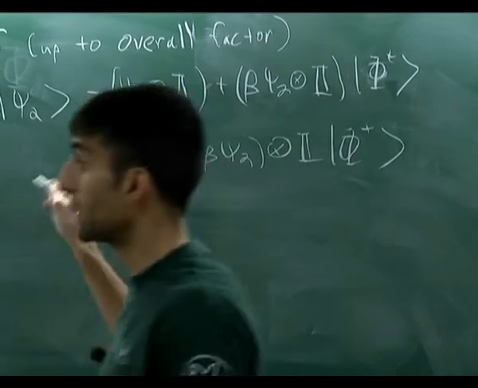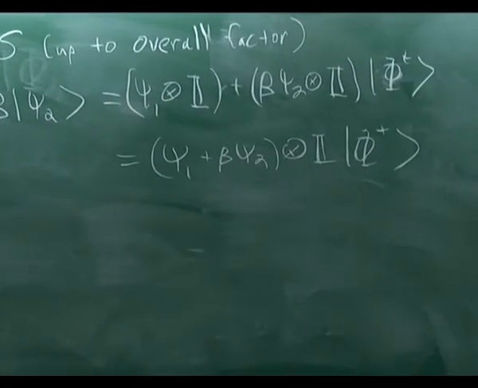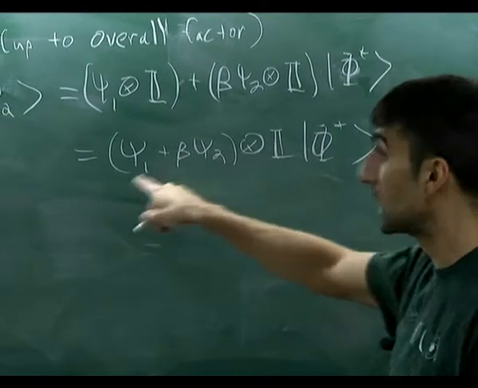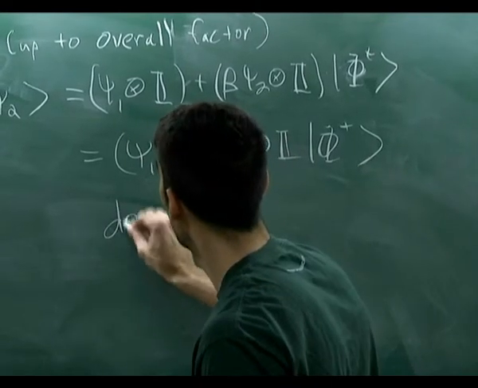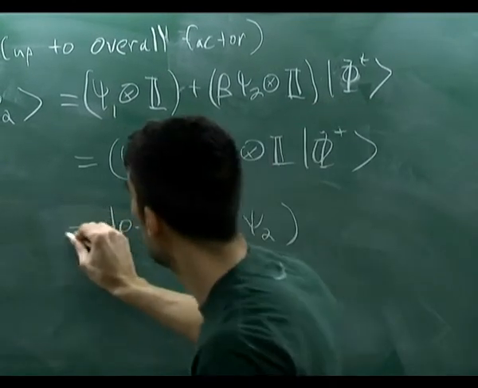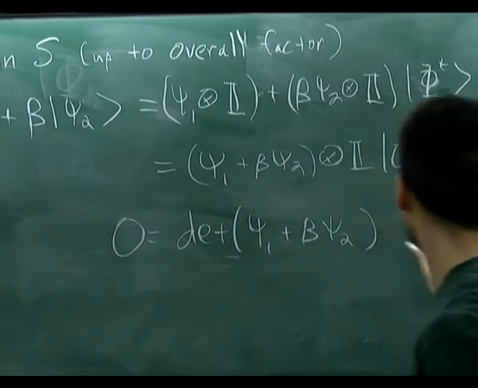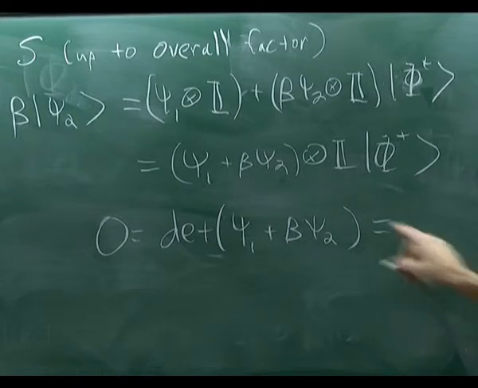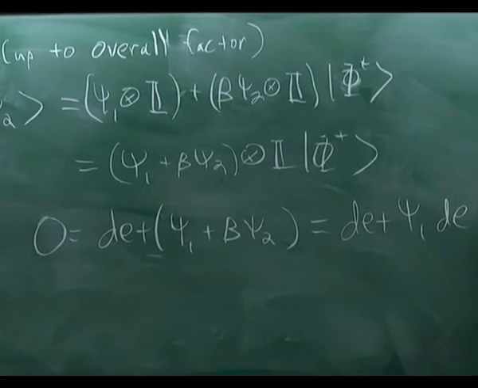Now, because we want to characterize the product states in this subspace, we want this to be a product state. What that demands is that the concurrence is 0. Remember the concurrence is just the determinant of this matrix. So we want the determinant of psi 1 plus beta psi 2 to be 0. Let's factor out the determinant of psi 1.